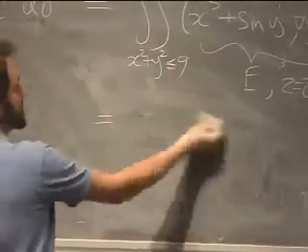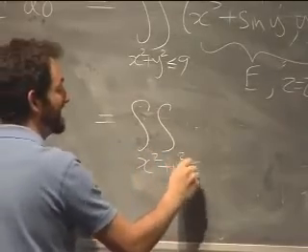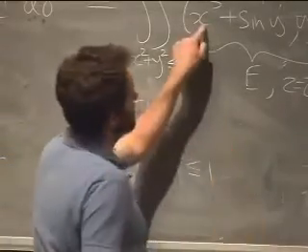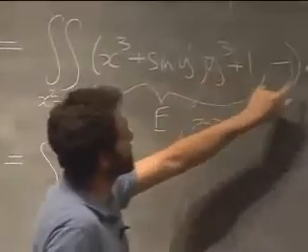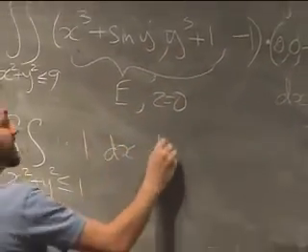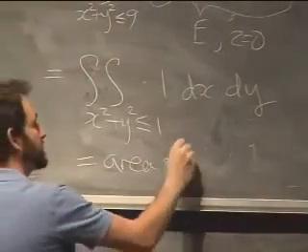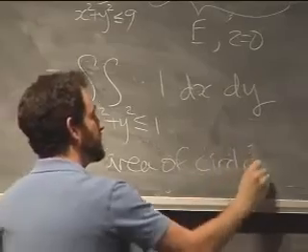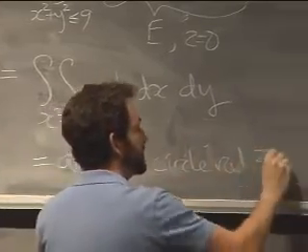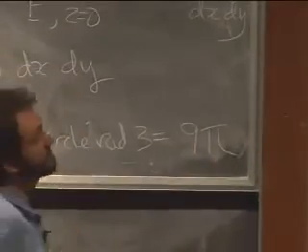And so this is actually just the integral over this region of 1. See, this times 0 plus this times 0 minus 1 times 1 is 1. So it's just the area of the circle.